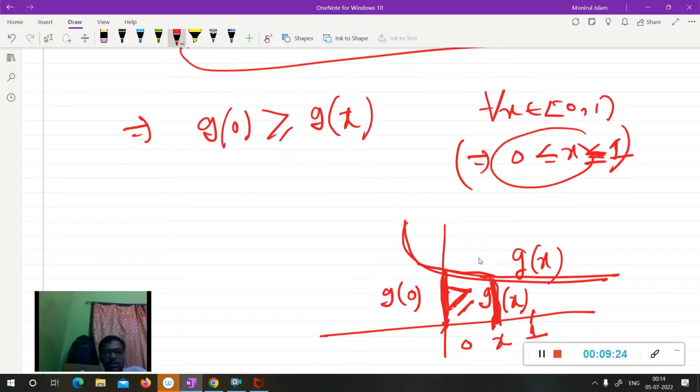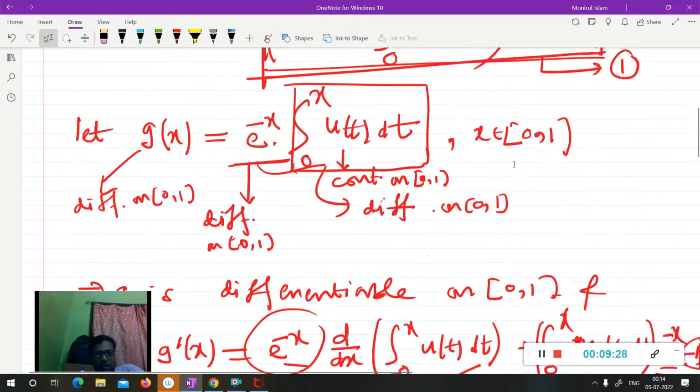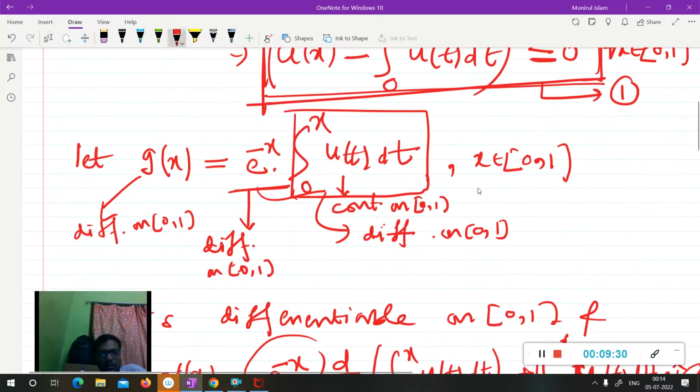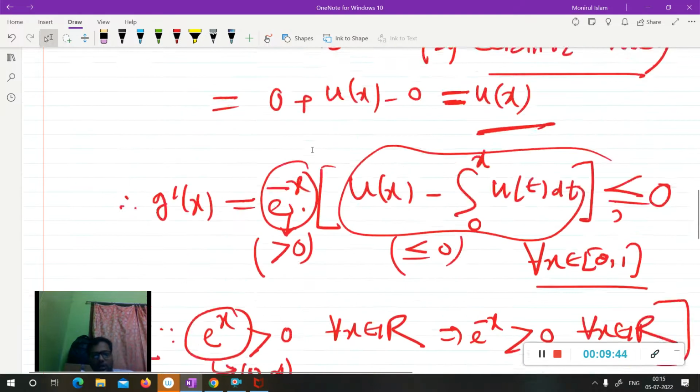Now what is g(0)? I have defined the function g(x) equal to e to the power minus x times integral 0 to x of the expression. From here g(0) gives e to the 0, which means 1, and the integral from 0 to 0 gives 0.